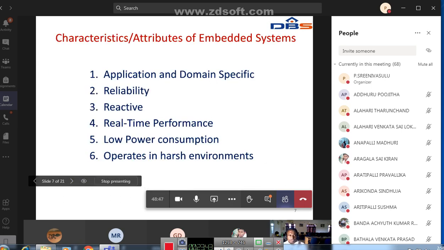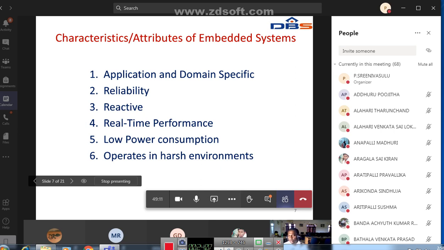Okay, now this is also important. Characteristics or attributes of an embedded system. Okay, what are the characteristics or attributes of an embedded system? Application and domain specific. Just now I told you, embedded systems are always designed to perform a particular application, and that application is specific to a particular domain.